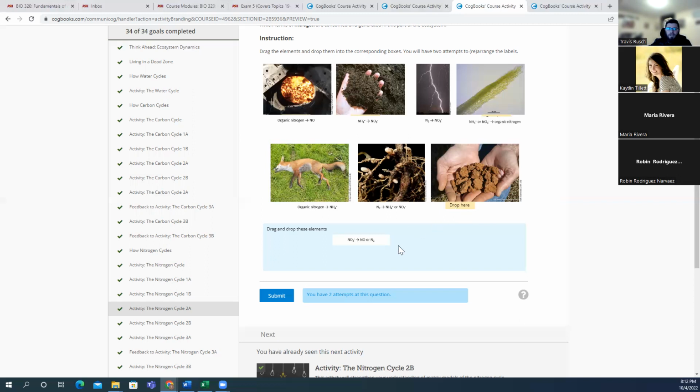So I would say, is nitrogen generally good for plants in the soil, or is nitrogen not good for plants in the soil? If somebody said good with a question mark, I would say it's generally good. I mean, you can have too much of anything, but generally you want to add nitrogen to soil to some level to make the plants grow better. They need nitrogen. It's a limiting resource.